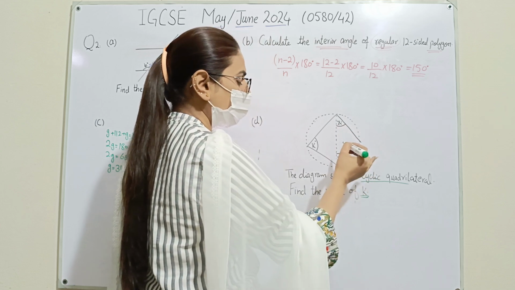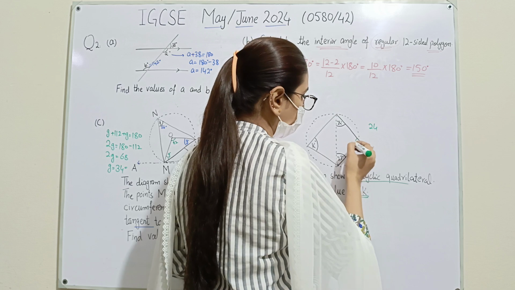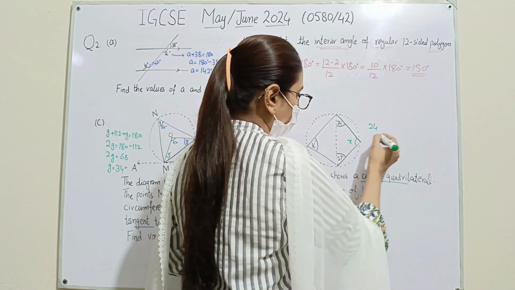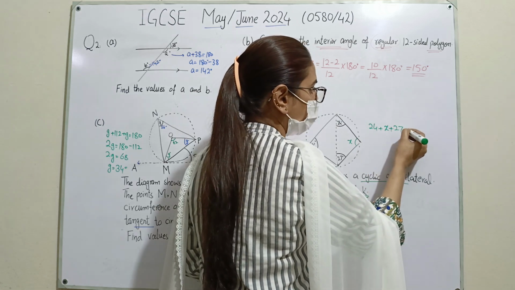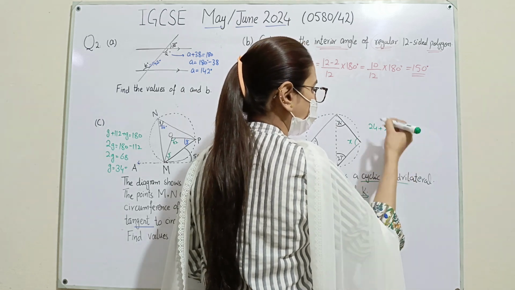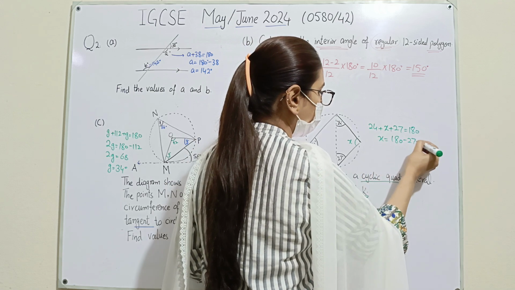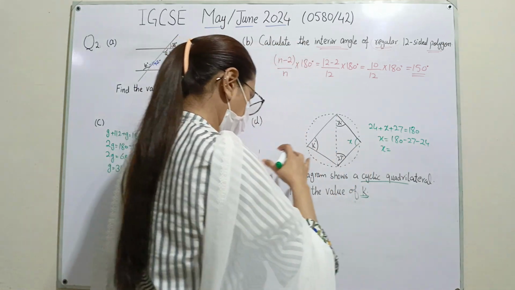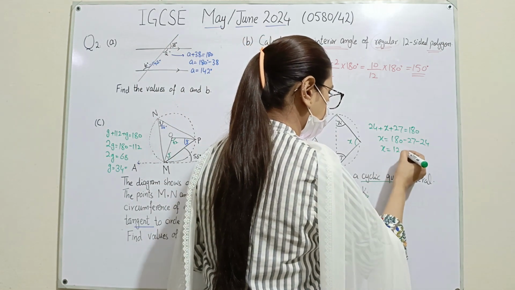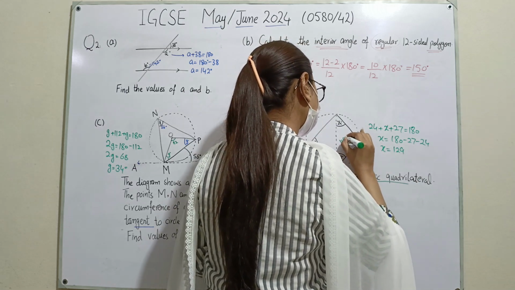As we know the sum of interior angles of a triangle, let us call this angle X. So by using the result, the sum of interior angles of a triangle is always 180. You will calculate the value of X first: 180 minus 27 minus 24. So the value of X over here will be 129. You can mention over here as well, 129 degree.